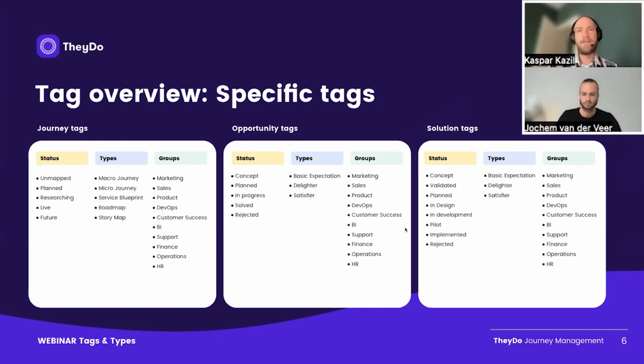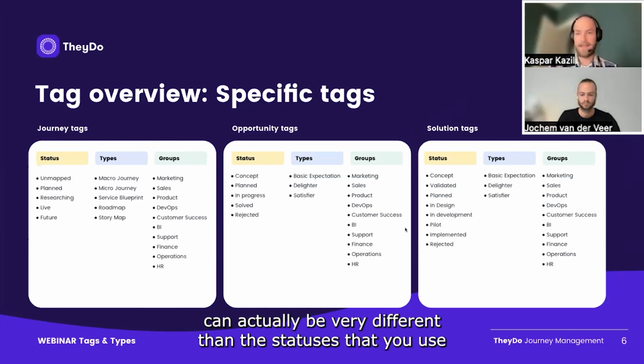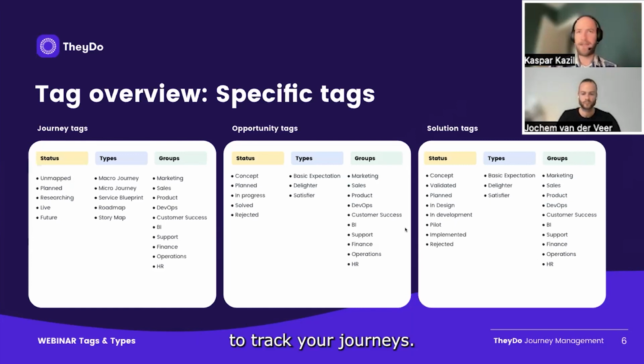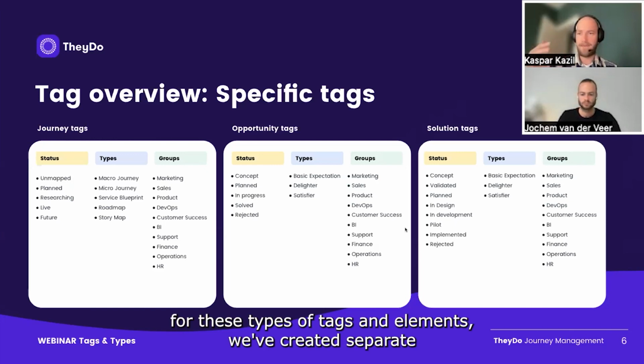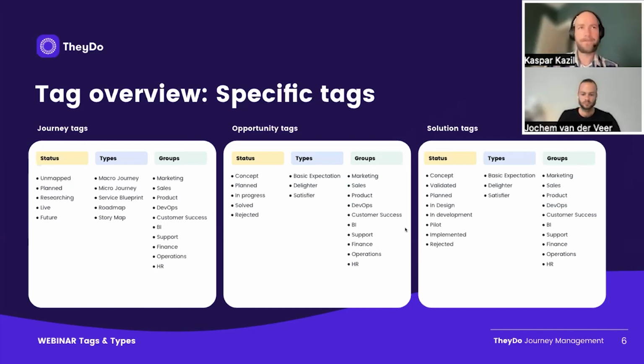The same goes for status. The statuses that you use to keep track of your solutions can be very different from the statuses you use to track your journeys. So for that reason, for these types of tags and elements, we've created separate tagging systems that you can use to create specific tags for these different elements.